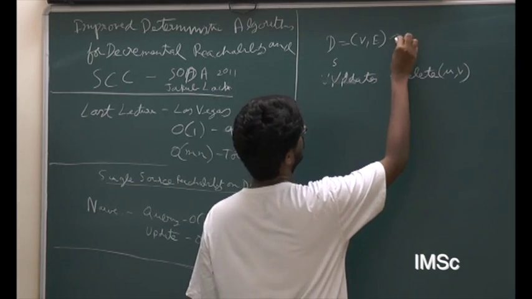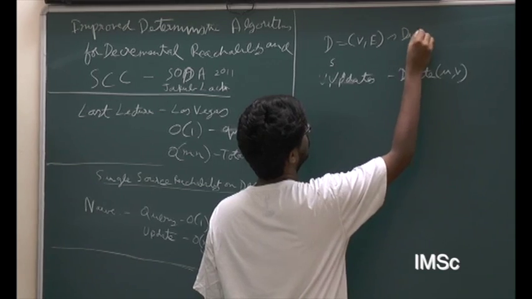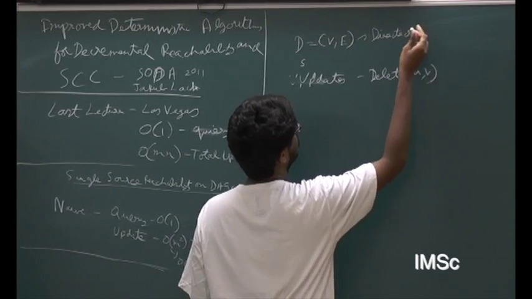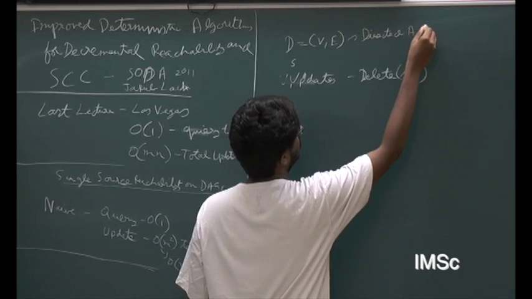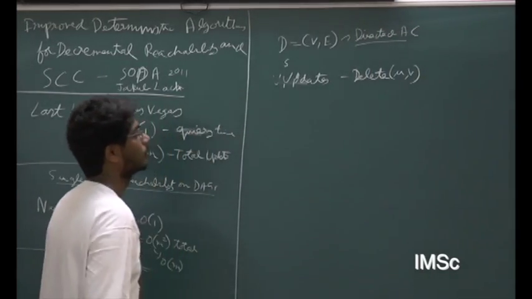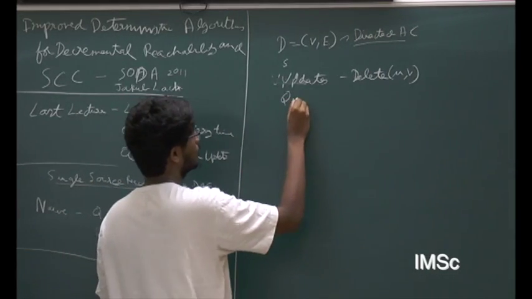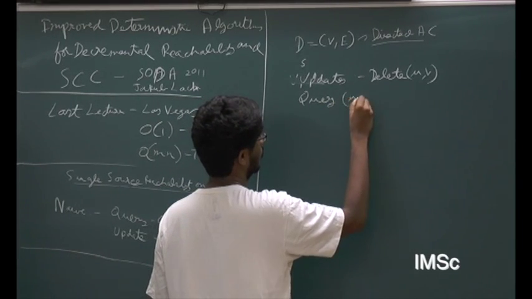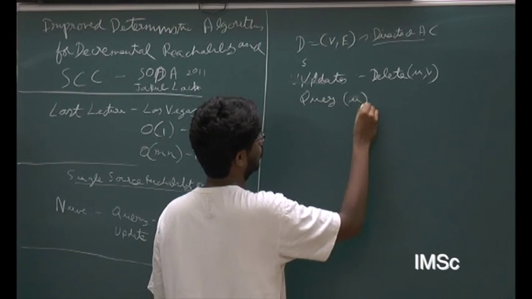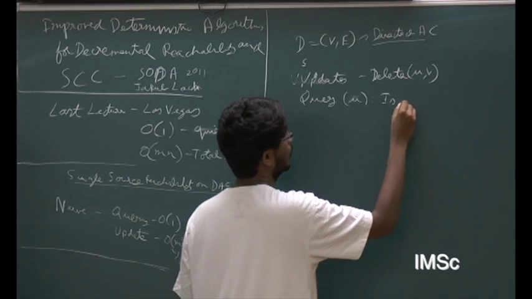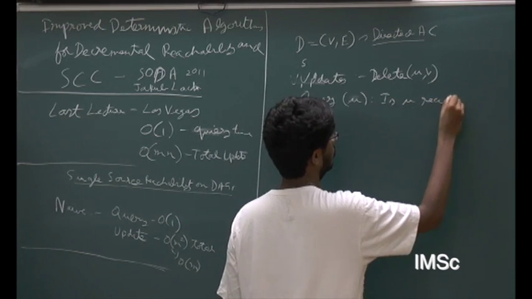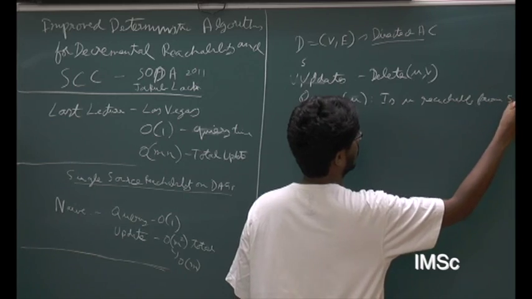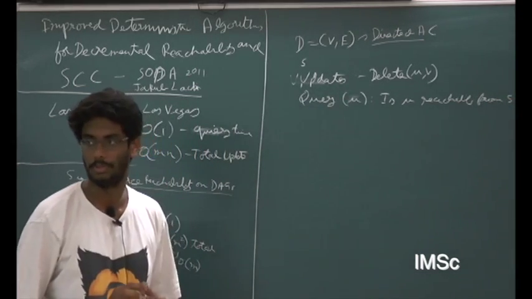This is a directed acyclic graph. And the query is query of u: is u reachable from S? So this is what we want to store.